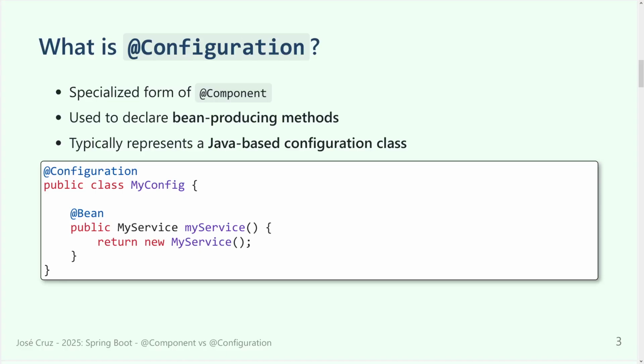And what Spring Boot will do is just execute the method, and it will take the return data type as a bean, the same way as this one, which means that it will also be a singleton. This is quite important, because sometimes people have problems understanding this.